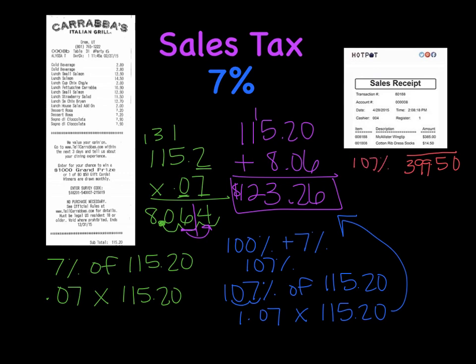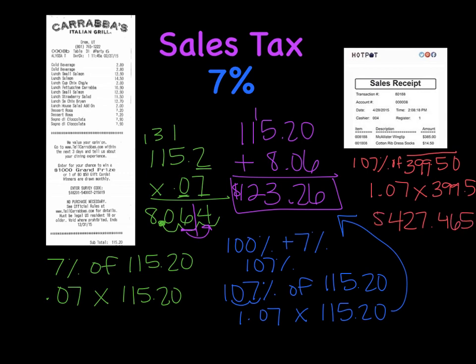So I am paying 107% of $399.50. So I'm going to change that to 1.07 times $399.50, and that total bill would be, what comes up is 427.465.